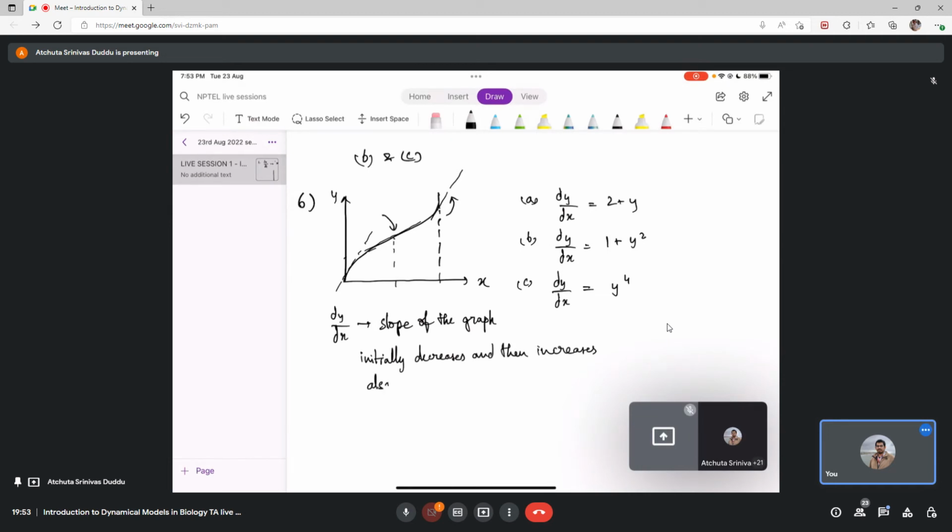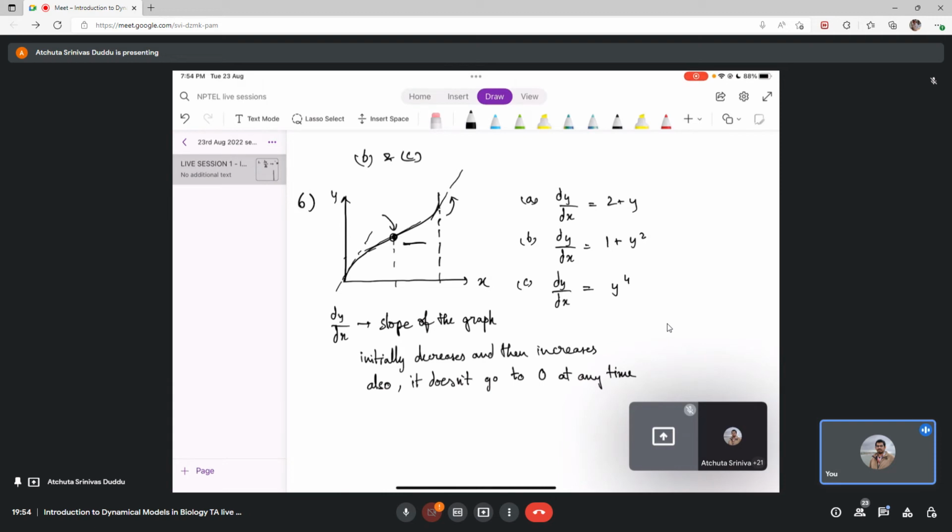Also, it doesn't go to 0 at any time. It is positive. It is decreasing at this point, but it's not going flat, that is, to 0. It is just decreasing and then increasing.